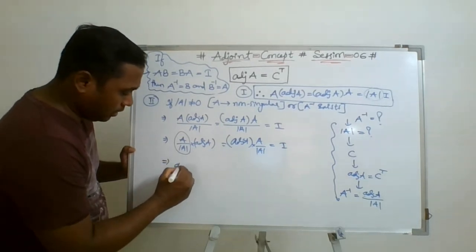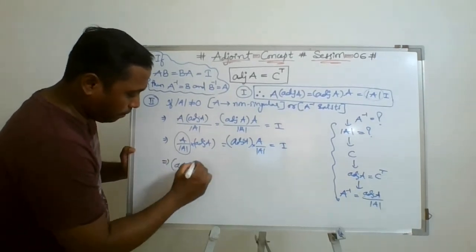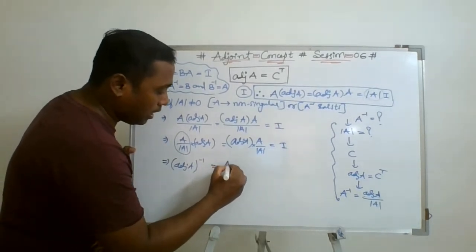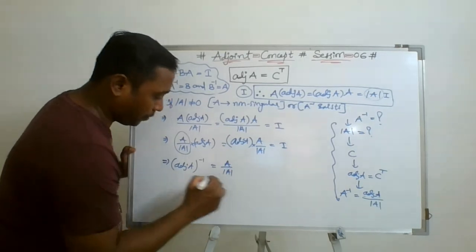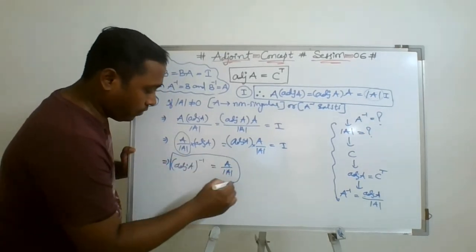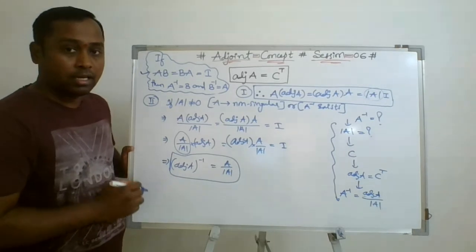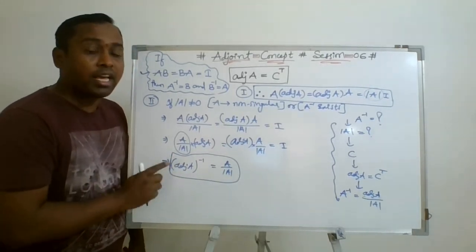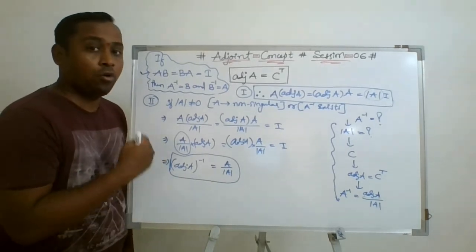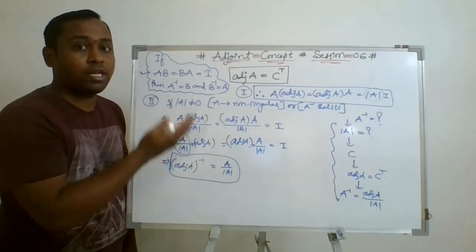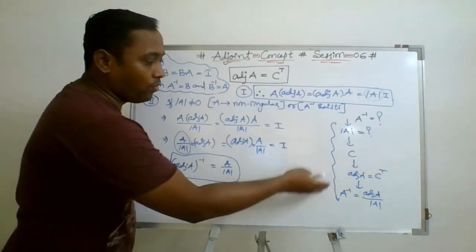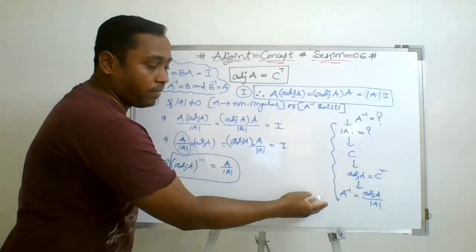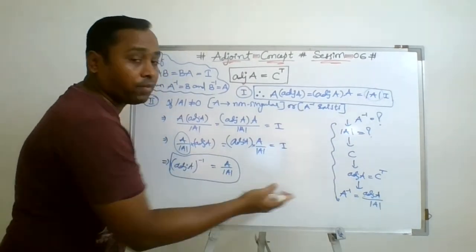Hence, I can say the inverse of adjoint A is equal to A upon det A. See how beautiful the result came out. This result is useful if adjoint A is given to you and you need to find the original matrix. What was the actual matrix? It's a reverse gear. Once the matrix is given, there is a general way to find A inverse or the adjoint.